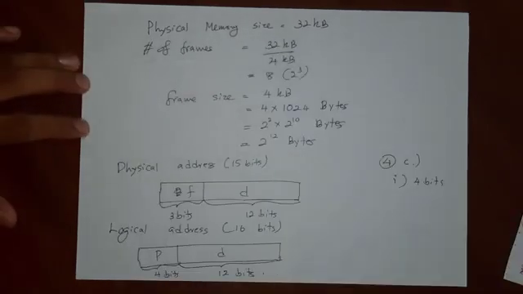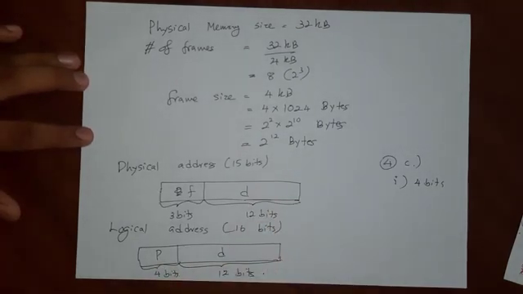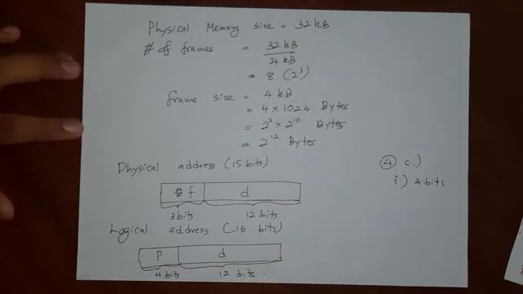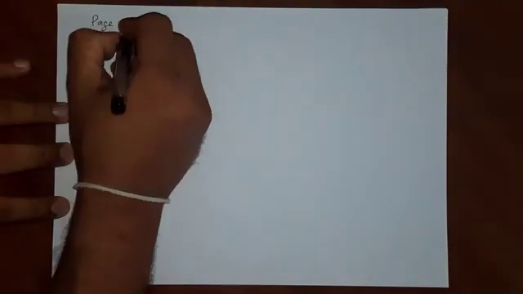We'll discuss. If you want to write down something, you can pause the video and write it down. Then we go to the next section, the page table. Okay, the page table is like this.